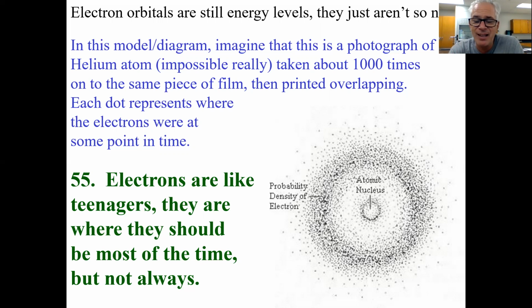But statistically, let's not get too far out there. They're usually in the zone, and that zone would be the first orbital. The 2 electrons in the first orbital of helium are right there. Sometimes they get a little further away, sometimes a little closer in. This diagram shows, wherever it's the darkest ring, where the probability of the electrons is greatest.